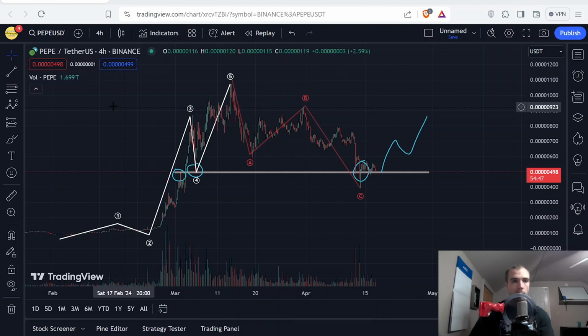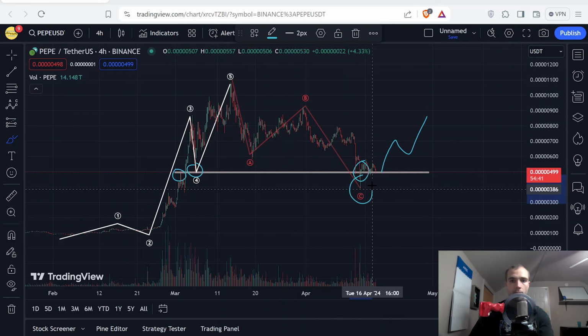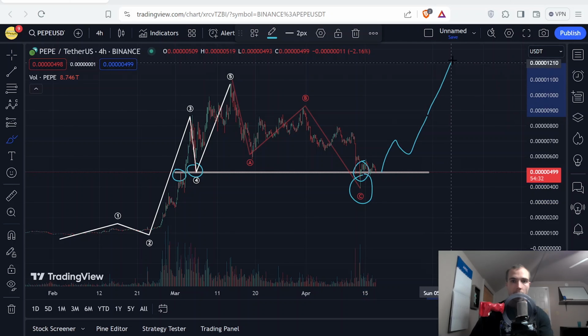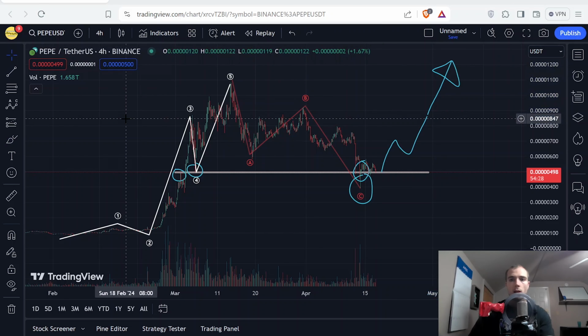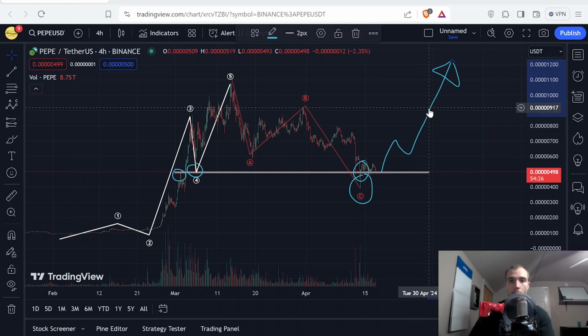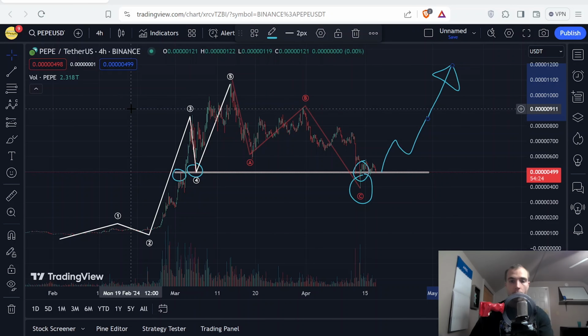So this is a complete Elliott wave cycle, and after wave C is complete, which I think it is right now, then you start a new bullish impulse. And with Pepe, I think that bullish impulse will take us to a new all-time high. So I'm bullish here on Pepe in the 4-hour time frame.